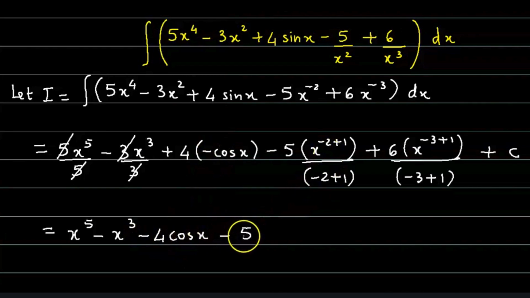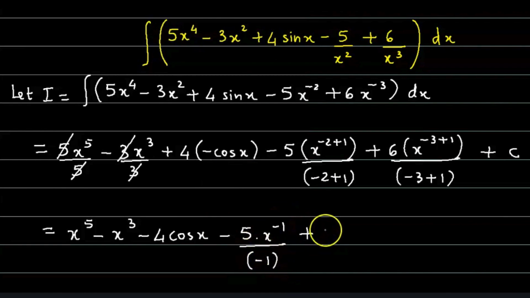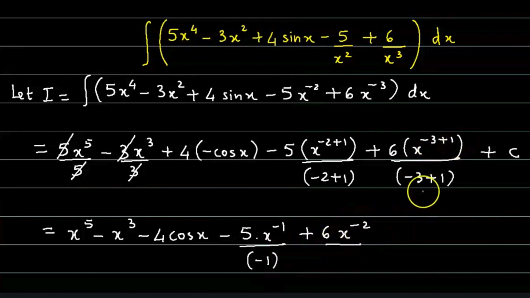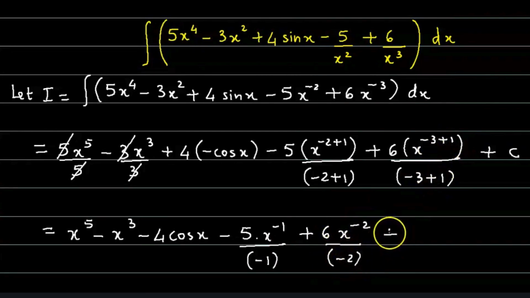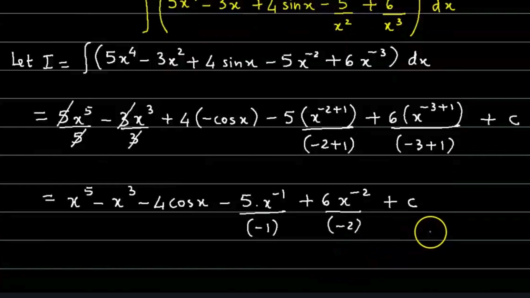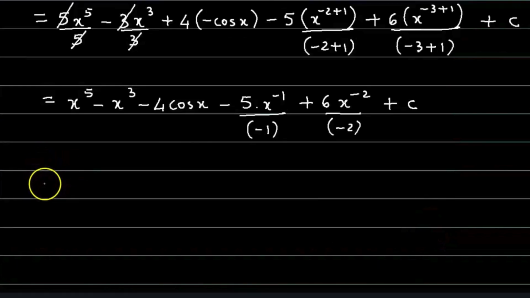So minus 5 times, this is x raised to minus 1 upon minus 1 plus 6 times, this is x raised to, now minus 3 plus 1, that's minus 2 upon again minus 3 plus 1, that's minus 2 plus c. Now this could be simplified further.